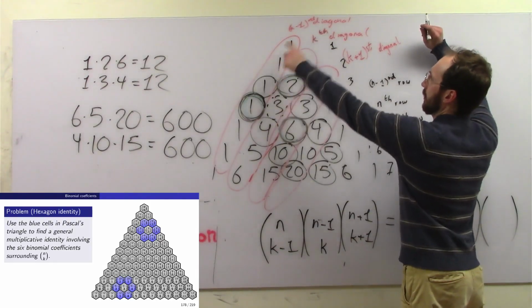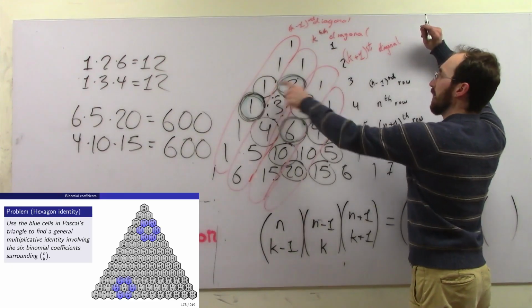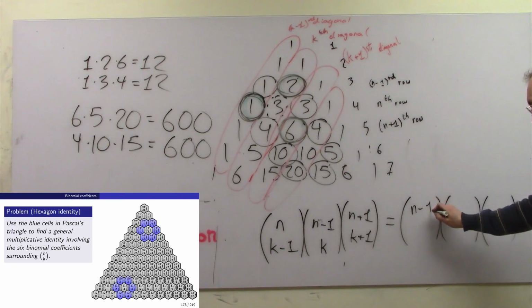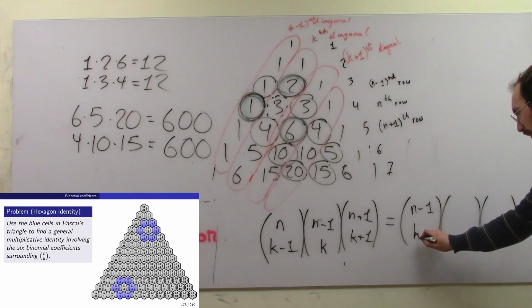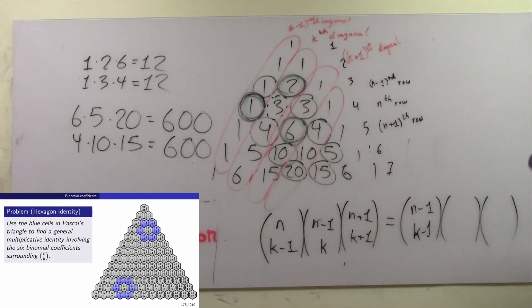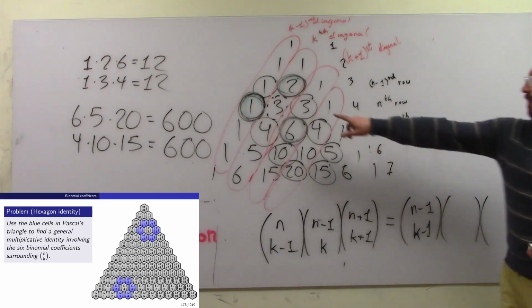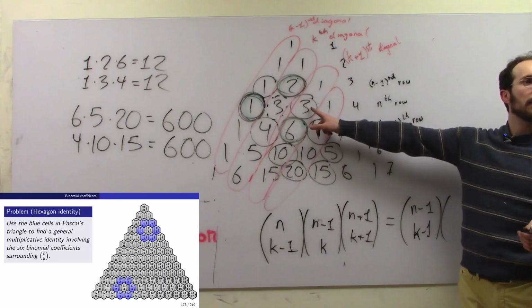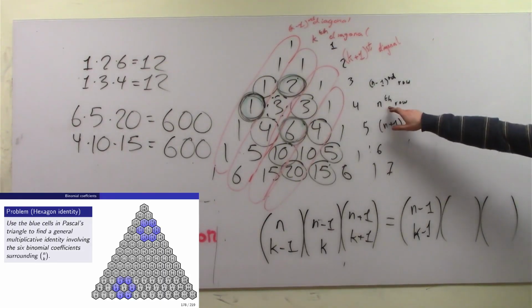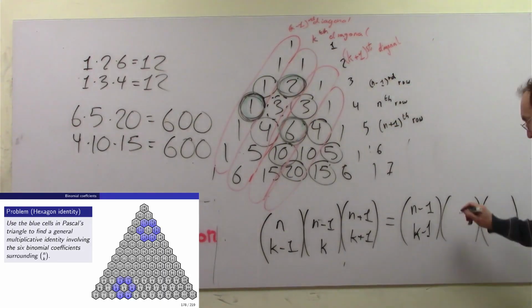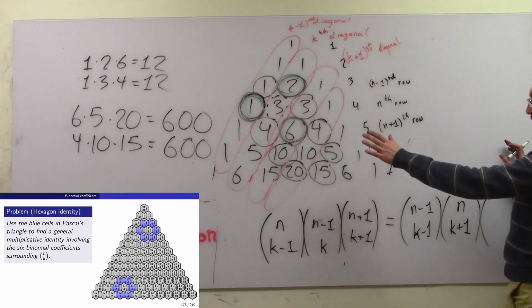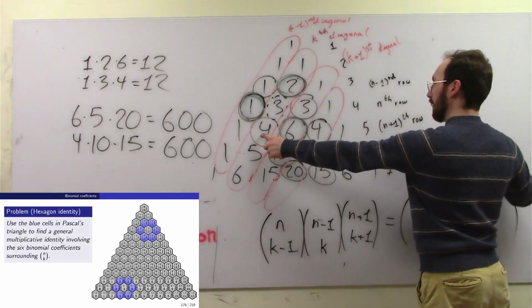We have n minus 1 choose k minus 1. Okay, let's see, what's this one going to be? Just following the same sort of scheme. Yes, precisely. N choose k plus 1, and then what are we missing? We're missing this fella.